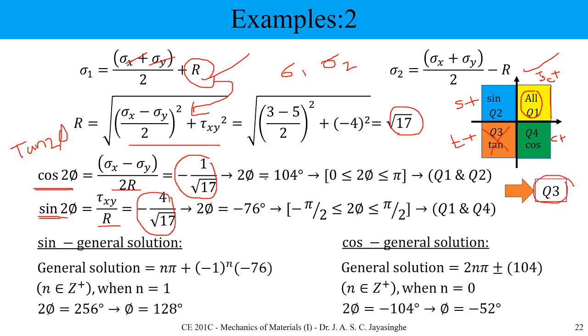Okay, so if you put this value into your calculator, it will give a value like this, because normally the calculator's range is 0 to 180 for cos, because it is going to cover positive and negative. Okay, positive and negative.